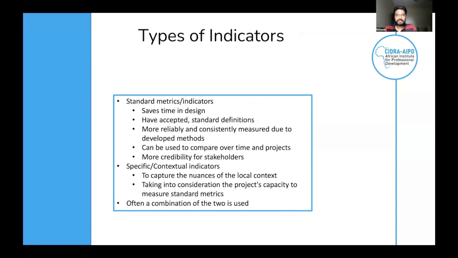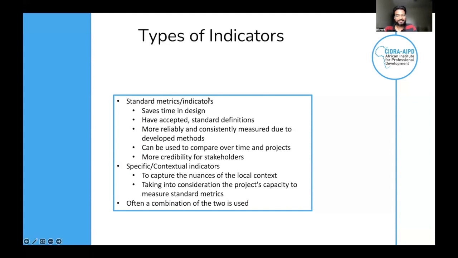So some metrics are standard metrics, right? Like when we are talking about the car journey, speed, distance, all of these immediately come to our minds. Now, speed itself is like distance by time, right? So it's a metric that is used quite frequently by everyone, and that would be a standard metric.